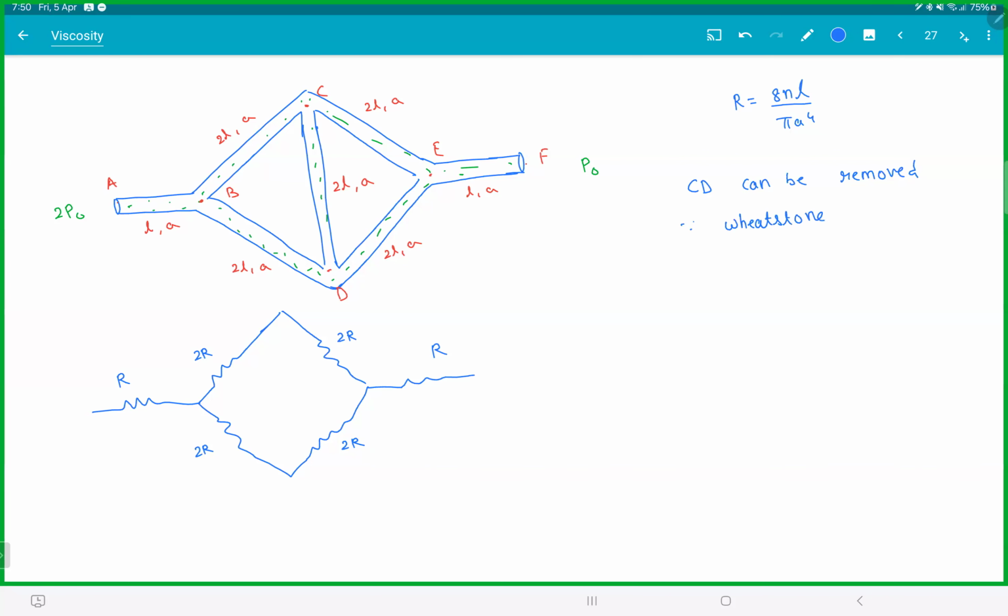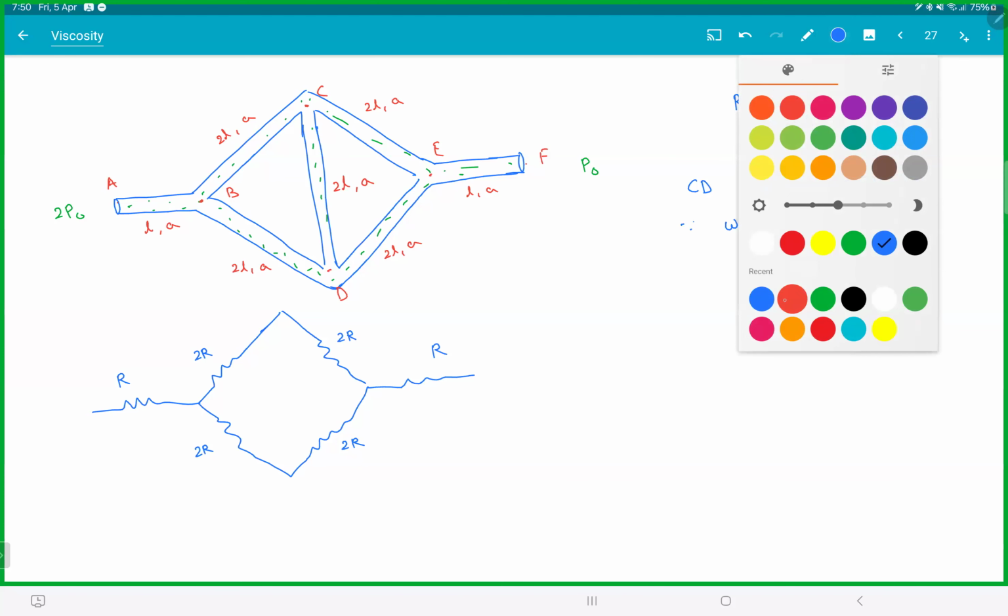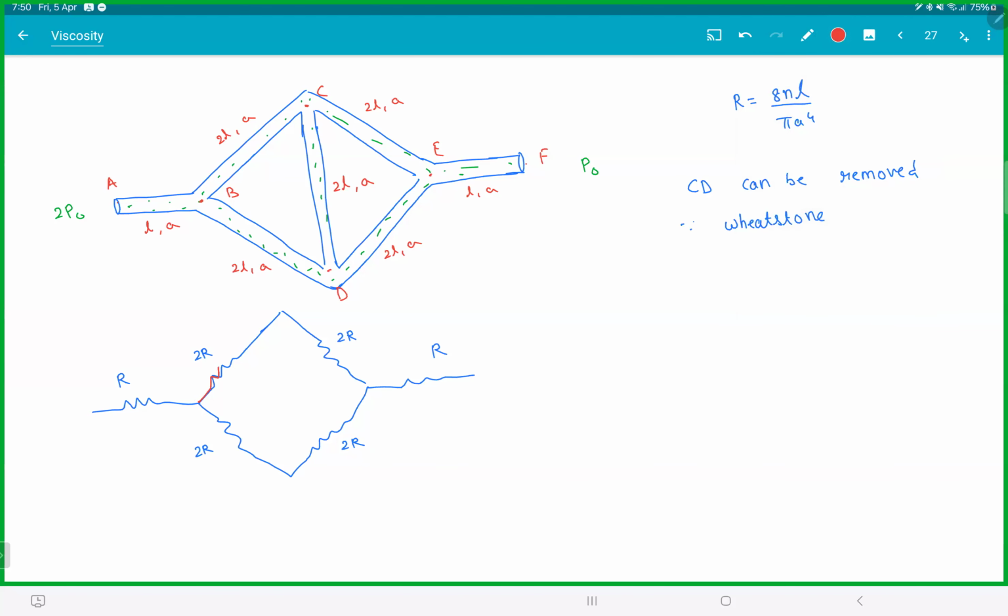Wheatstone. So what's R equivalent? So this guy and this guy are in series, and they're in parallel. So 2R will be 4R, 4R will be 2R. So this is R, this will be R, 2R, and R. Therefore, R equivalent will be 4R.